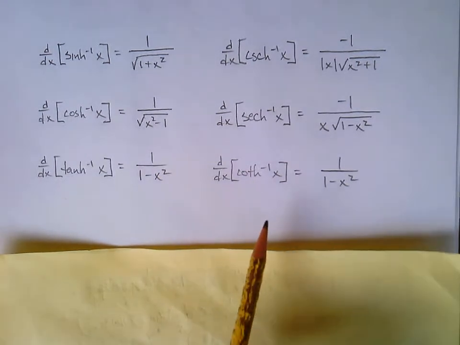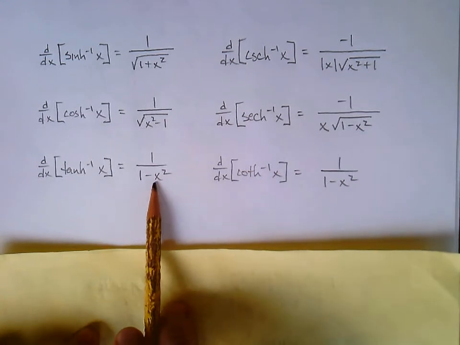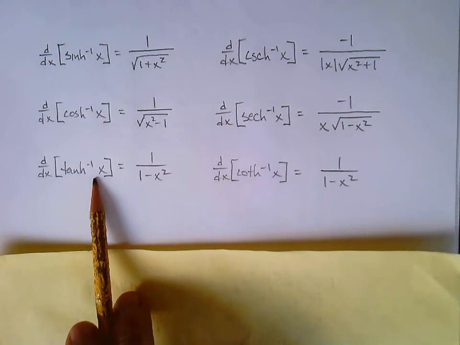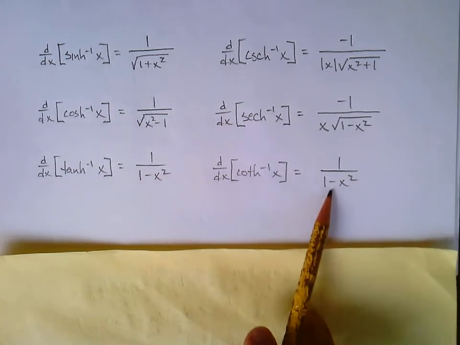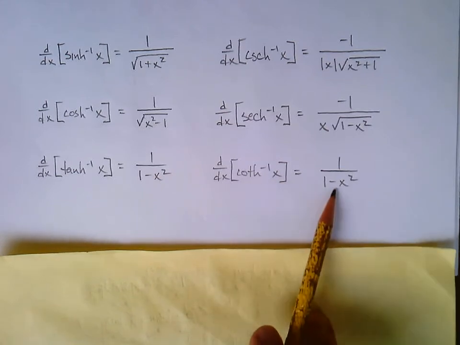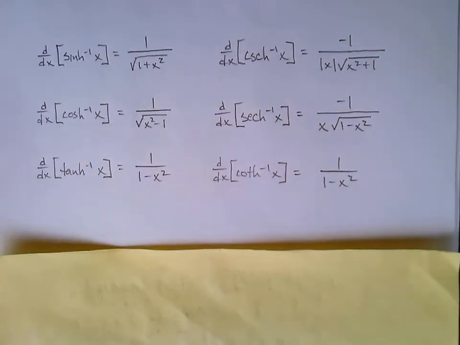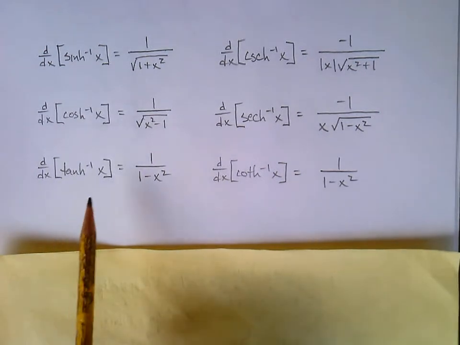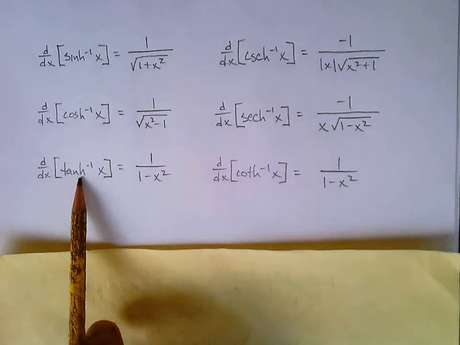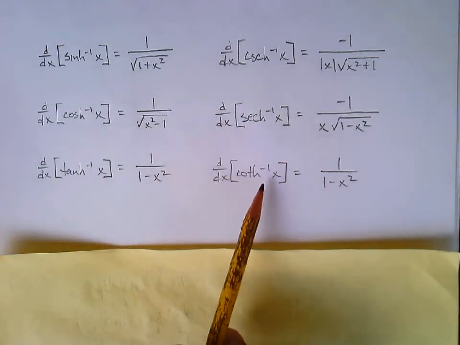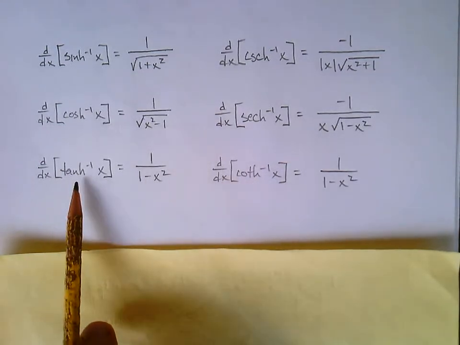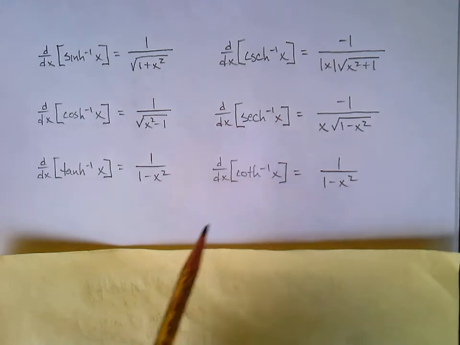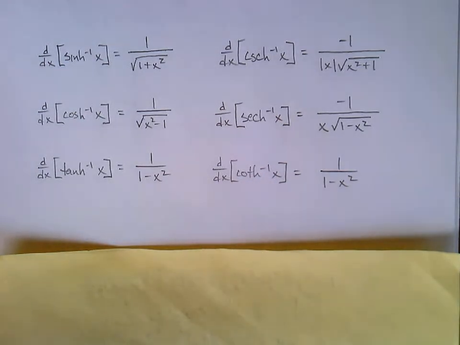One thing that's kind of curious is the derivative for inverse hyperbolic tangent is the same as inverse hyperbolic cotangent. It's the same function. You're going to think, what's up with that? The thing is, the domains of inverse hyperbolic tangent and inverse hyperbolic cotangent are like reciprocals of one another.